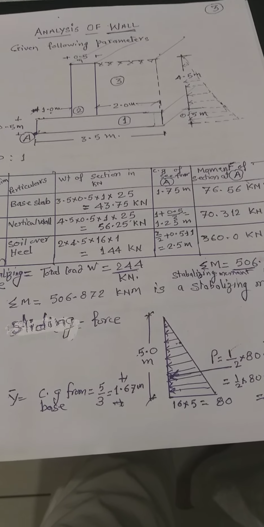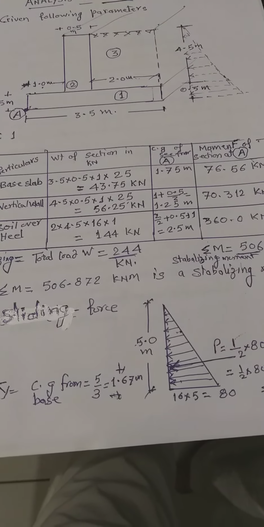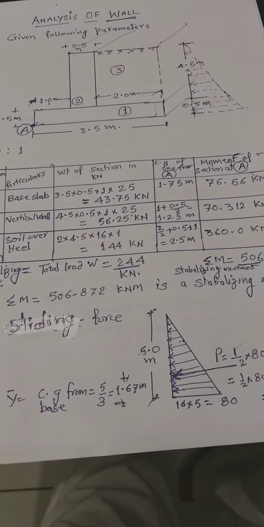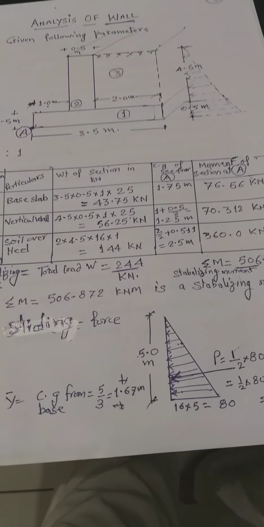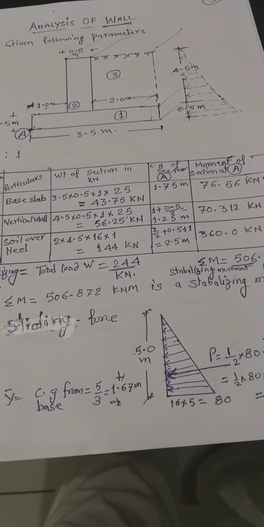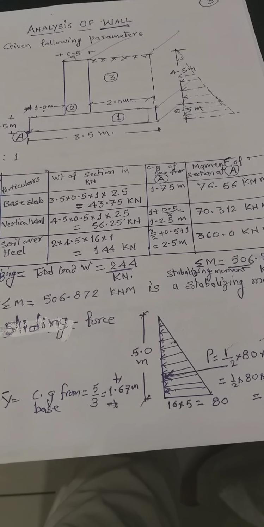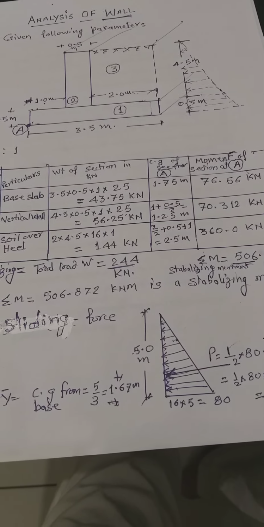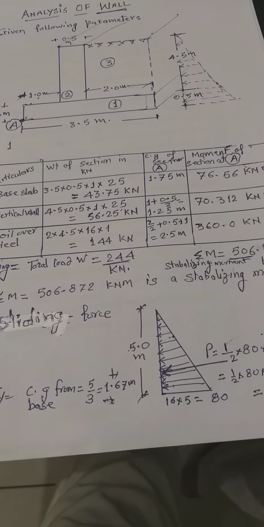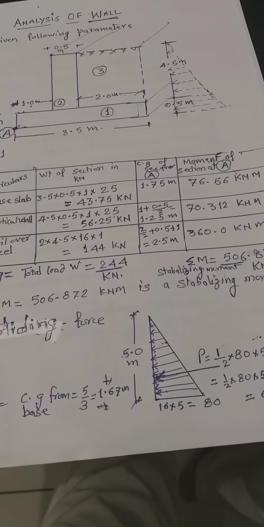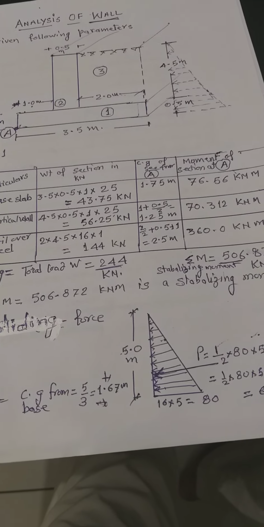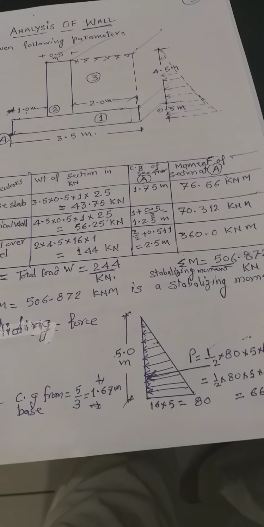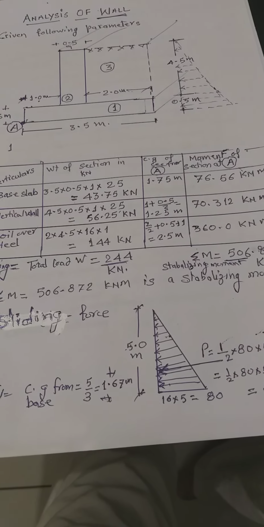The total earth over the heel up to the top of the wall is 4.5, multiplied by the length of the earth and the density of the earth or soil. So it is 2 into 4.5, the height, multiplied by the density of the soil, multiplied by the 1 meter length of the earth. So that comes out to be 144 kilonewton.